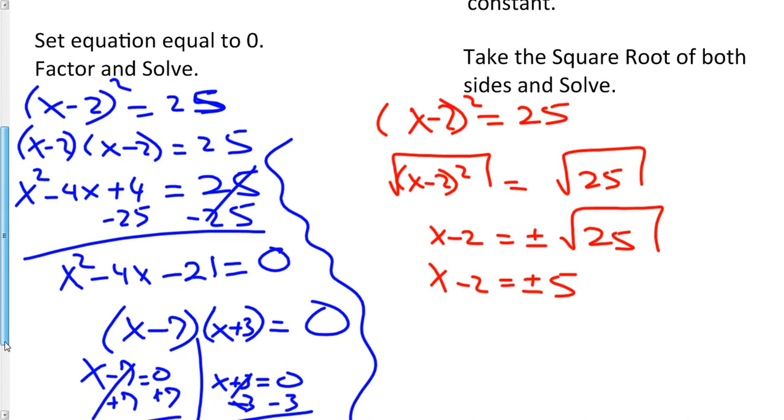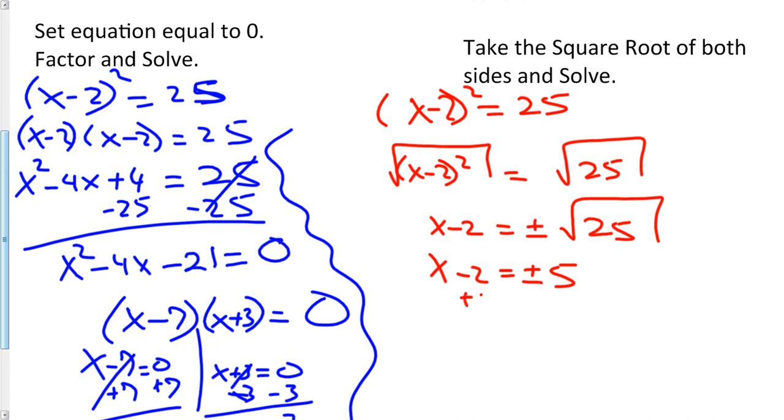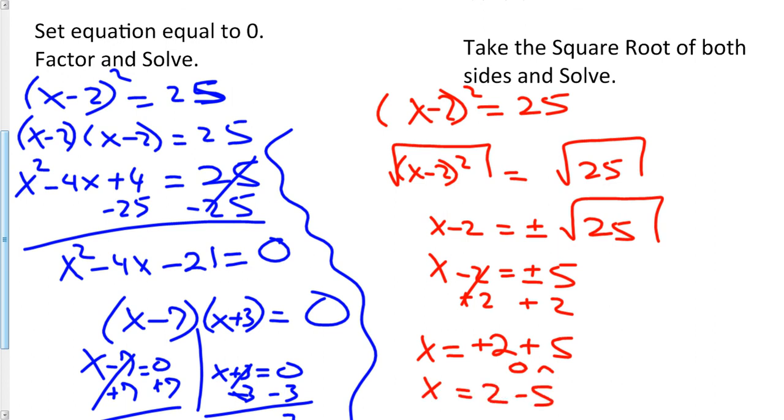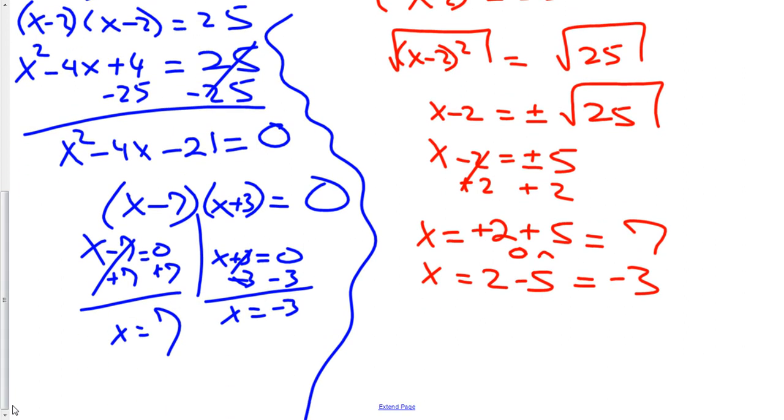Again, I'm getting two answers, so I add 2 to both sides and end up with x is equal to positive 2 plus 5, or positive 2 minus 5. That would give me my positive 7 and my negative 3. So again, I get the same answer by using two different methods.